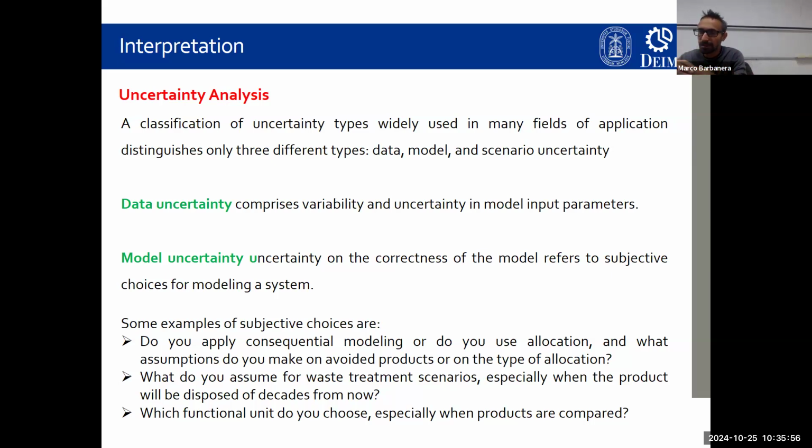Okay, because about the model uncertainty, we have defined in the goal and scope definition the hypothesis of the study and the choices for carrying out the study. So typically data uncertainty is the most important one.